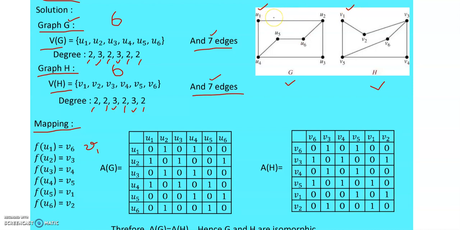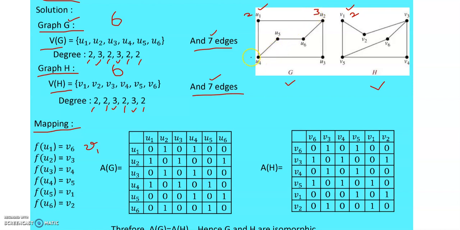Now what are the things we have to check to map the vertices from one graph to another graph? For u1, first you check the degree: 1, 2, two edges incident, so the degree is 2. Now you check for the vertex v1, degree is 2. This is the first point. Now what are the adjacent vertices of u1? We have to check. For u1, the adjacent vertices are u2 and u4. For u2, what is the degree? 3.